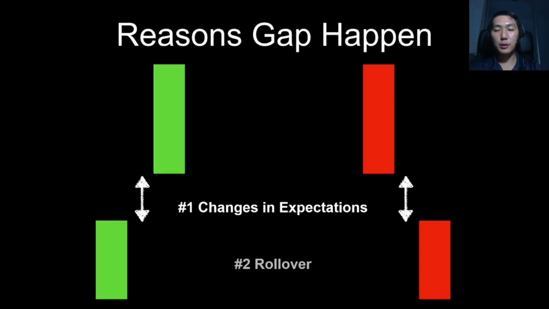Now, reason number 2, gap happens because of the rollover effect for the next active month contract, where your next month contract is trading at a different price as compared to the previous expiring month contract closing price. So let's take your FKLI as an example.